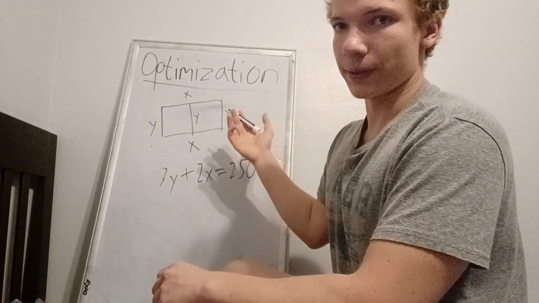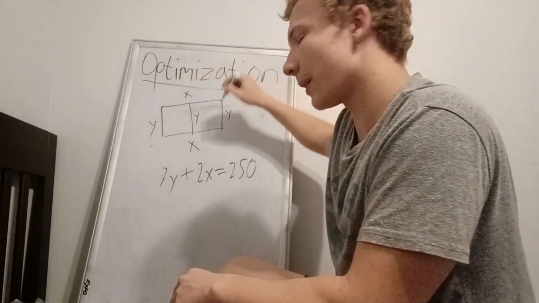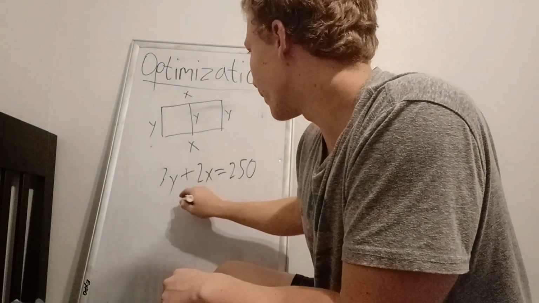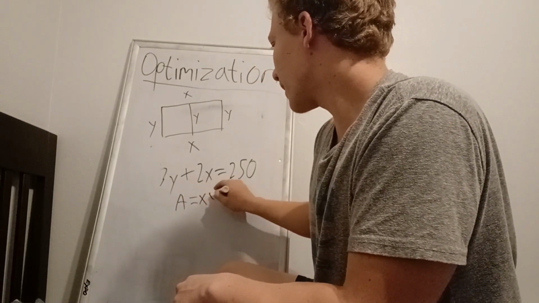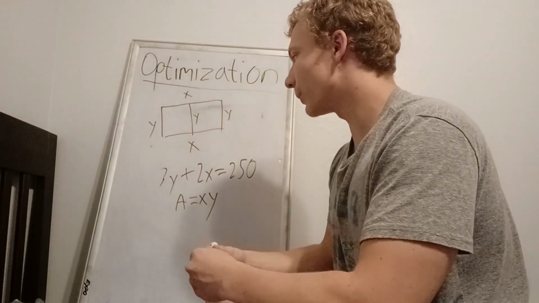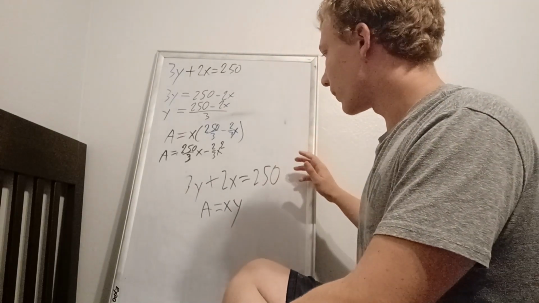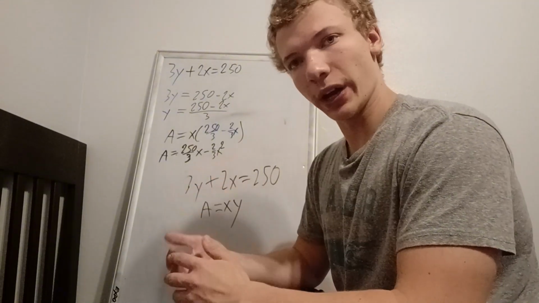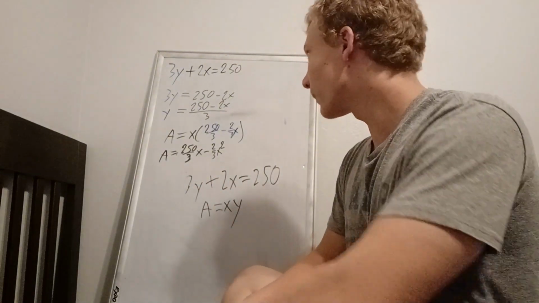Now, to find the space, we know that it has to be x times y as the space of the entire rectangle. So we have area is equal to x times y, and we are going to be maximizing area. We're going to begin by using our fully known equation by finding y in terms of x so that we can plug that into our area equation.